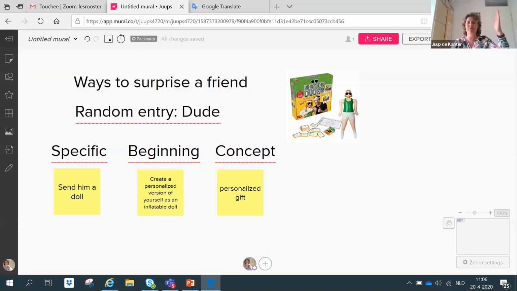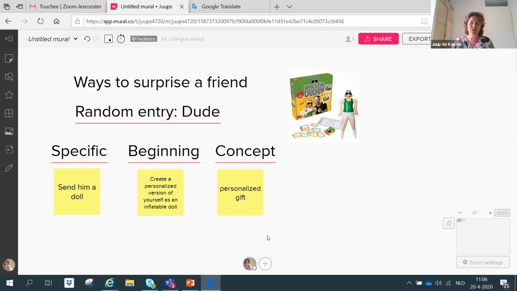And you see that I make categories out of it: very specific ideas, like send him a doll; very vague ideas, like a personalized gift; and the beginning of an idea, like I can make a doll out of myself, but maybe it's too difficult, or the technique is not available, or it's too expensive. Then you have a beginning of an idea. And these are the 3 categories of harvesting that I will come to later.